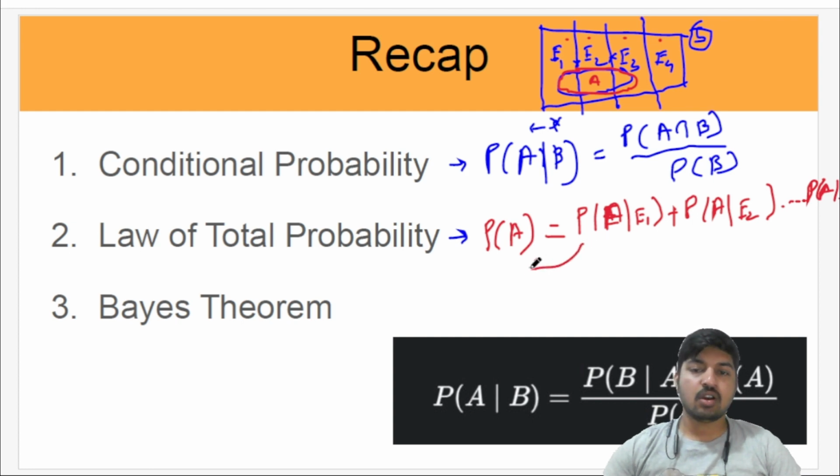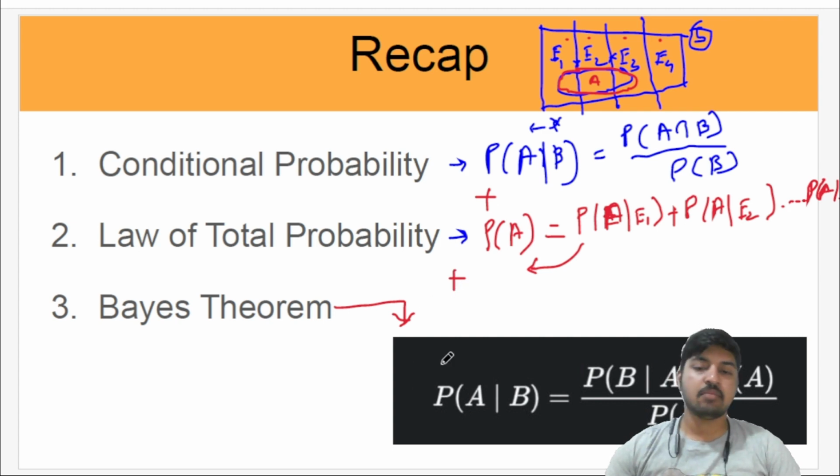This is the total probability of event A. Based on this we learned the Bayes theorem. These two are the fundamentals needed to go into the Bayes theorem.